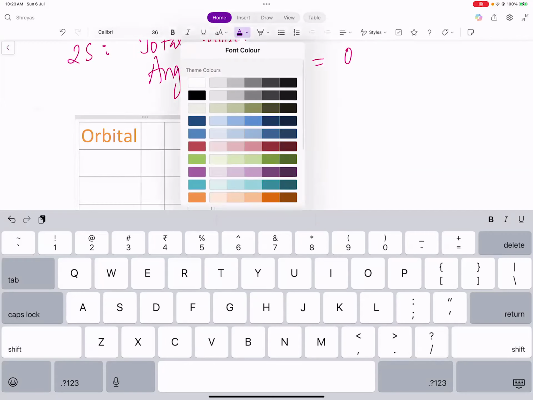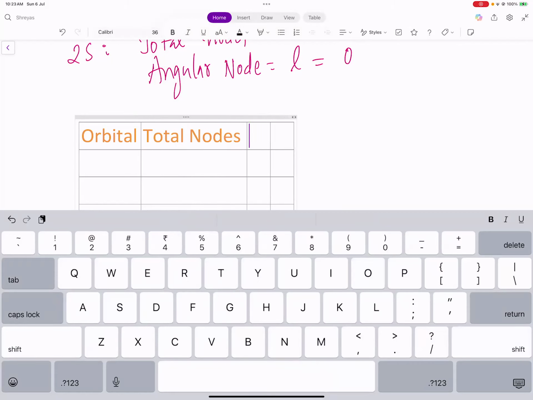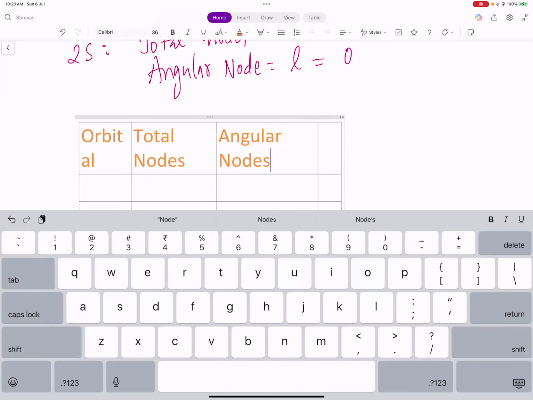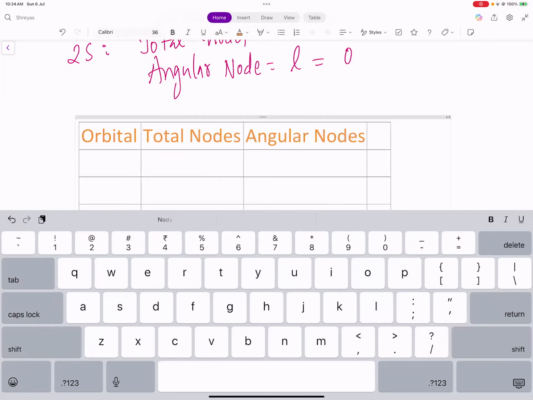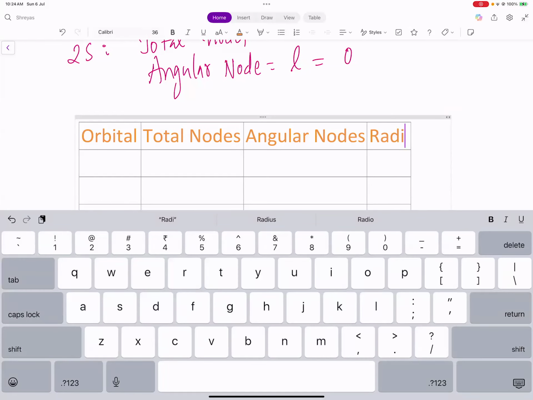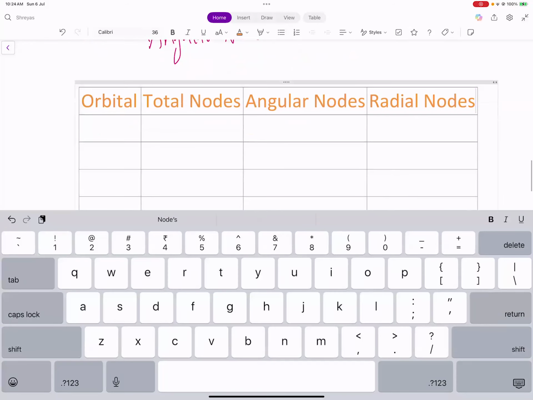Orbital, total nodes. Then I have angular nodes. Now I think it will expand like this. And radial nodes. Great. Okay.